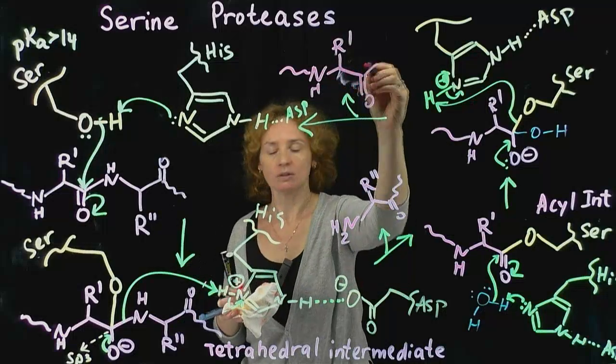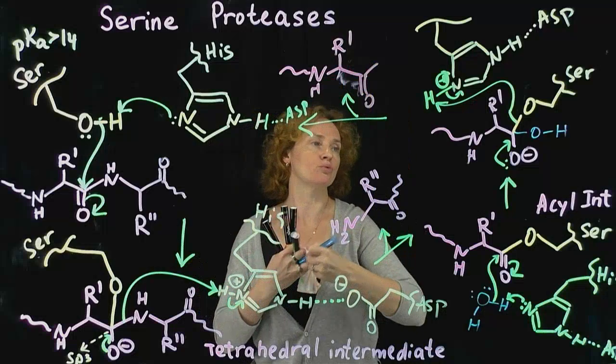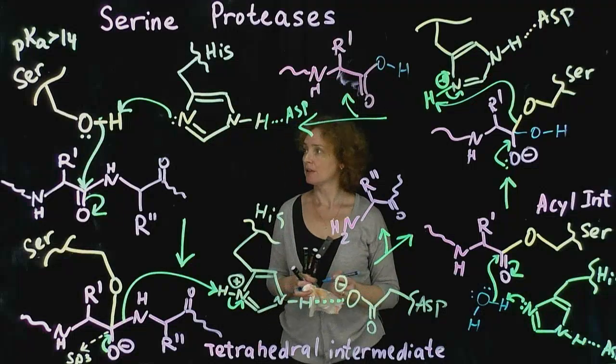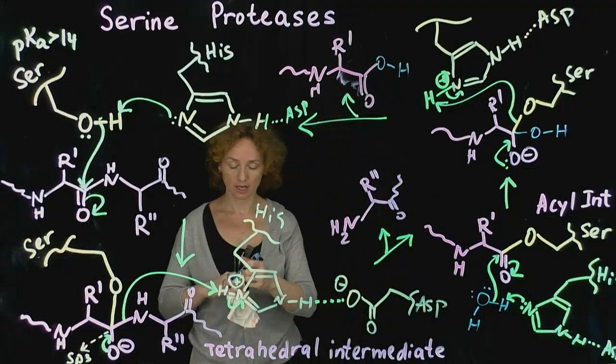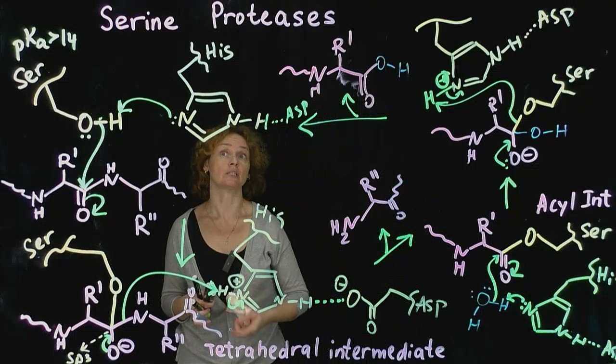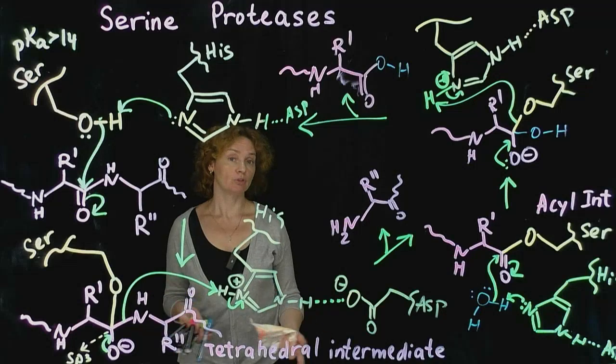So now it is bonded to the OH group here, right? So that's the catalytic cycle shared by all serine proteases. And the examples of serine proteases are trypsin, chymotrypsin.